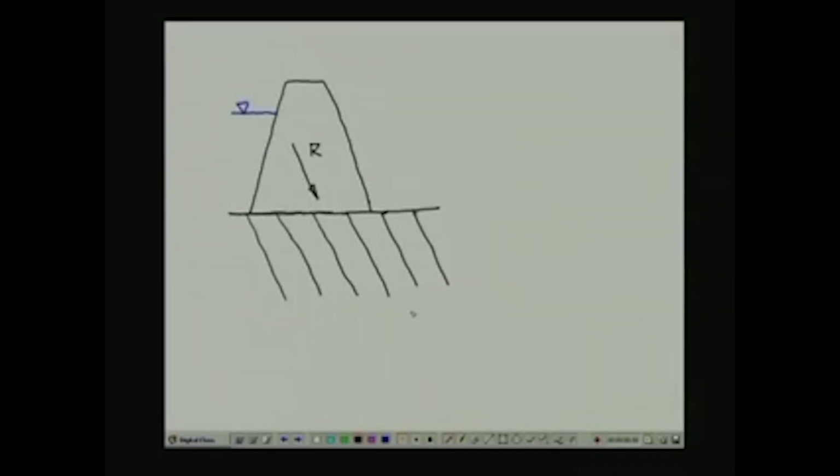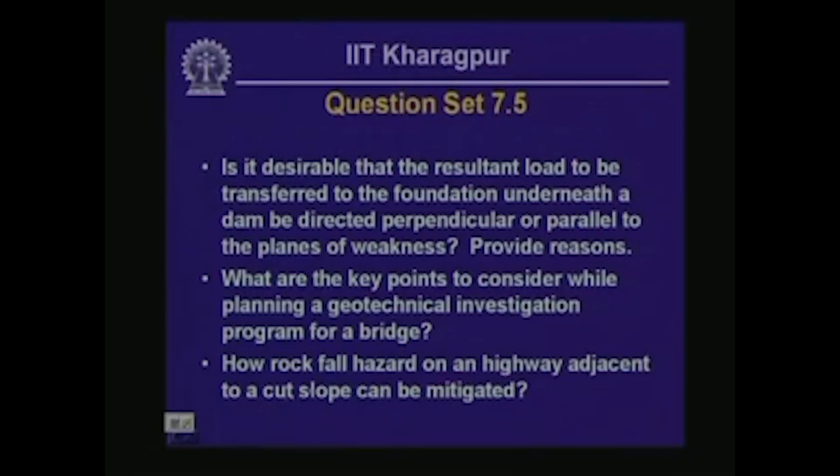So we prefer that the resultant is oriented in a direction perpendicular to the direction of beddings for the safety of the dam. Now let's look back to the question set once again. The second question was, what are the key points to consider while planning a geotechnical investigation program for a bridge?